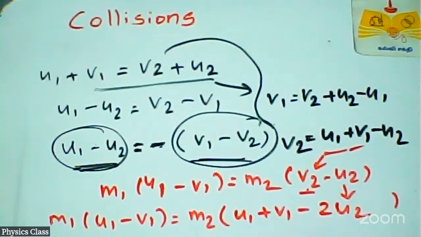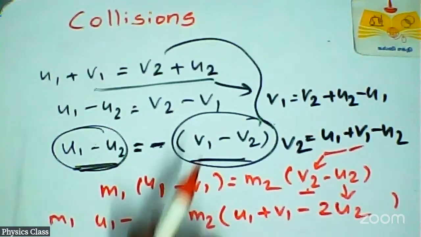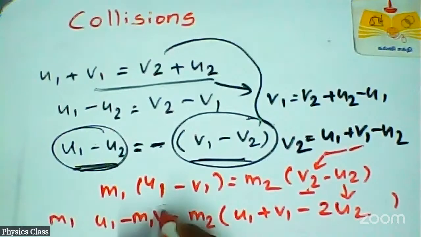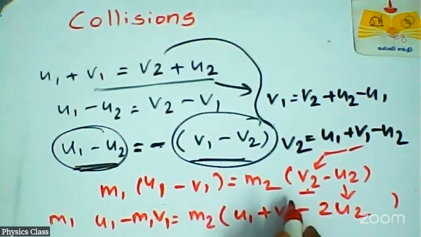So we multiply m1 into u1, giving m1 u1, and m1 into v1, m1 v1, and m2 is multiplied by u1 and v1 as well. I will write it here.